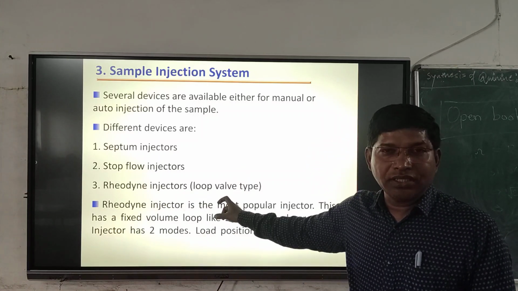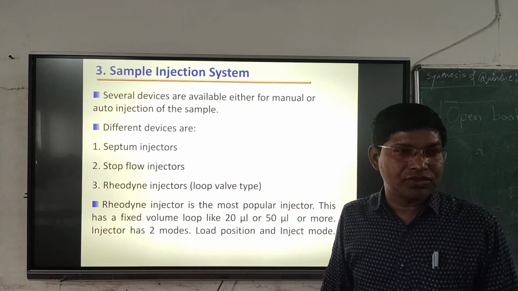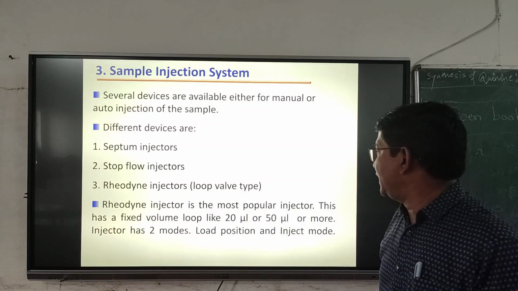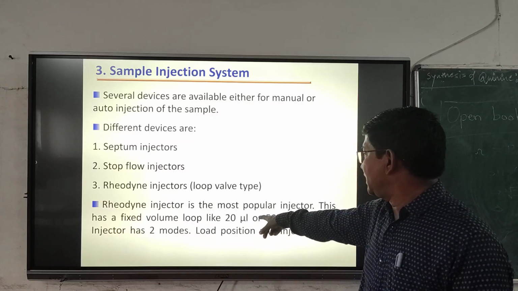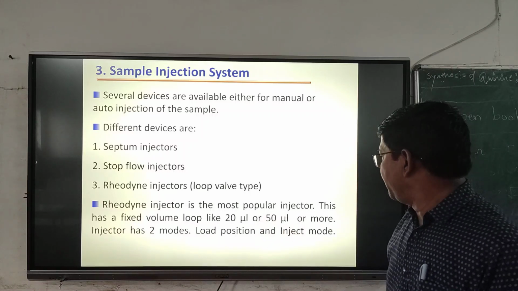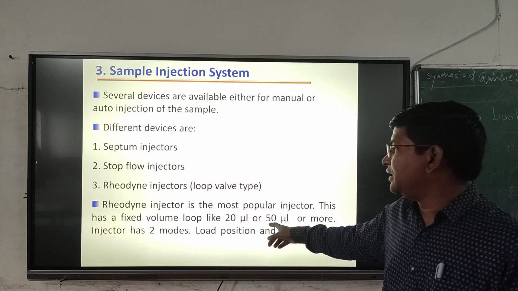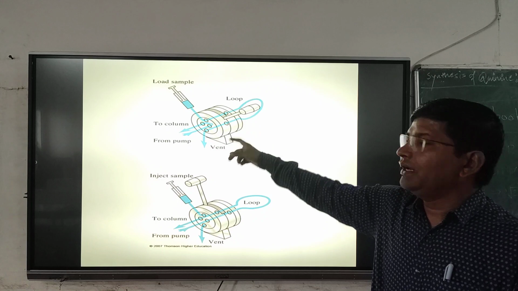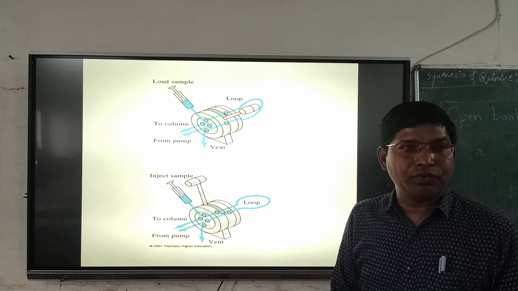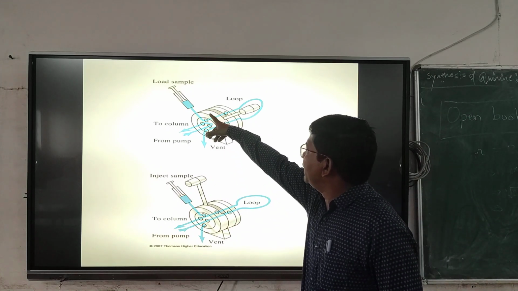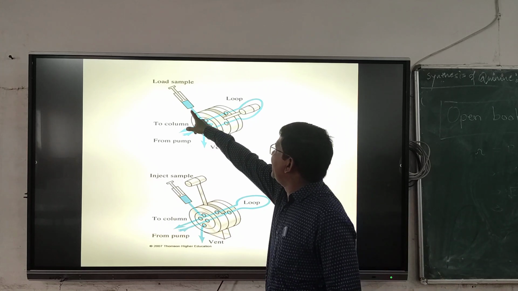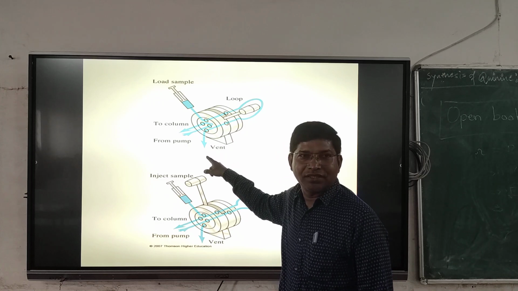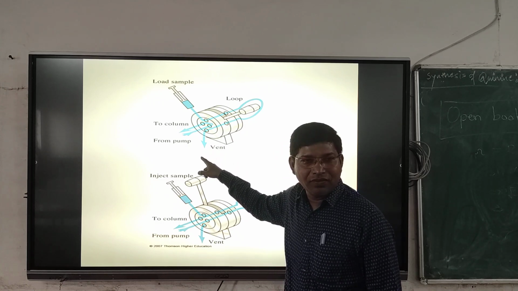These three systems can be used, but nowadays the Rheodyne injector system is used in HPLC. In it, 2 microliter to 50 microliter volume of sample can be used, and it has two modes: a load position and an inject position. In load position, when we inject your sample, it goes to the waste.